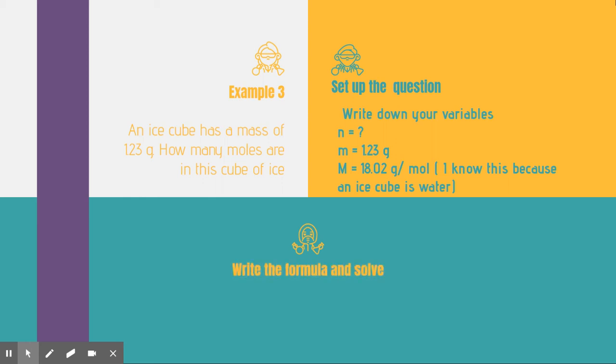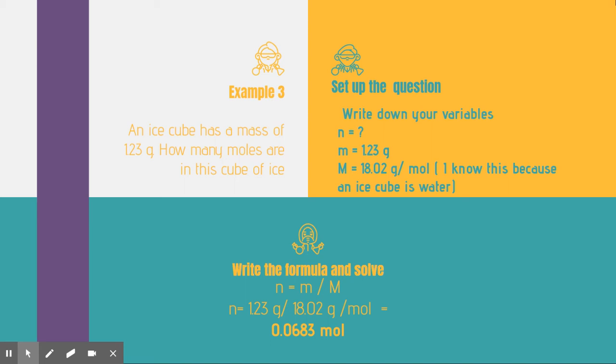Let's write the equation down and solve. n equals little m, or mass, divided by molar mass. I'm going to take my 1.23 grams and my 18.02 grams per mole, and divide them to get 0.0683. Now, I am acknowledging significant digits.